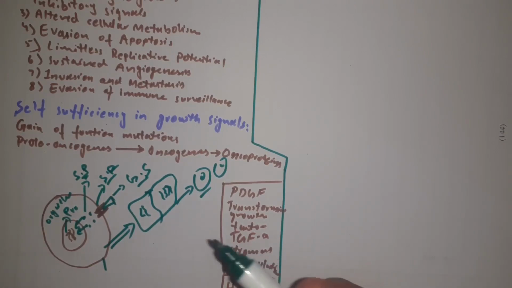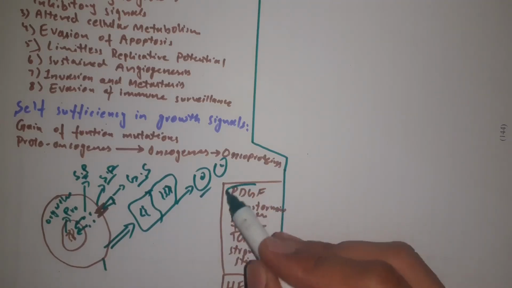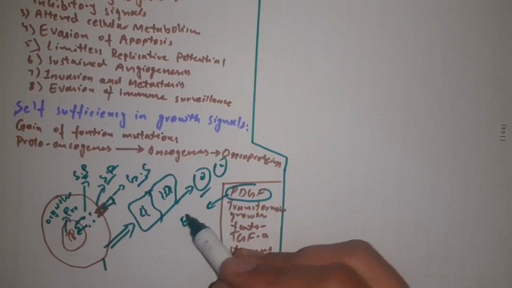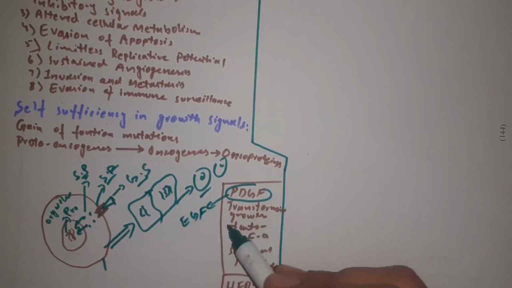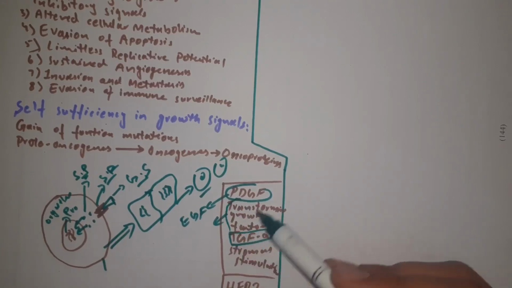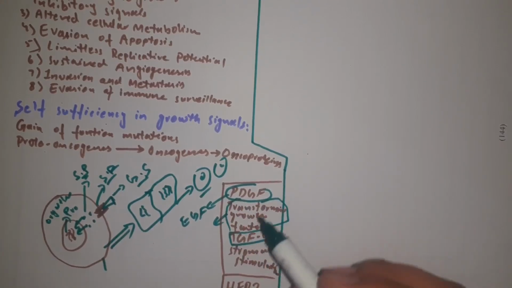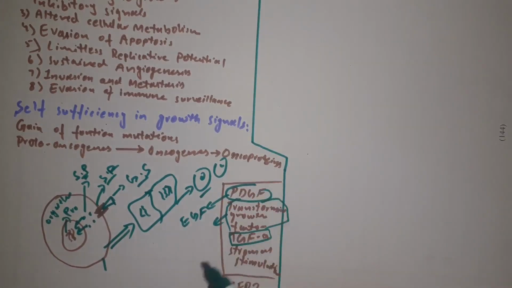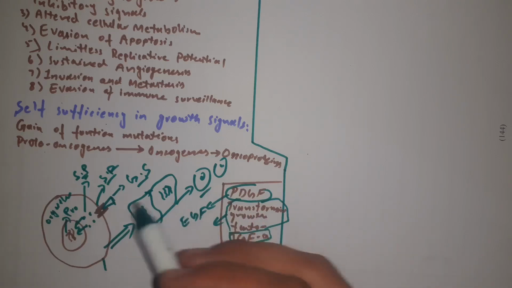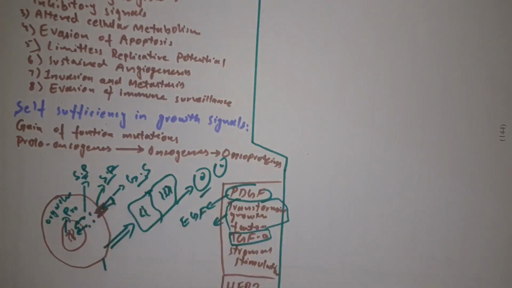For example, common growth factors are platelet-derived growth factor, or epidermal growth factor, or transforming growth factor, or TGF alpha. So what happens? The tumor mutates itself in such a way that it begins to synthesize this factor on its own. So when it begins to synthesize this factor on its own, these self-synthesized factors start stimulating this receptor and then activate the downward signaling pathway and lead to cellular division.